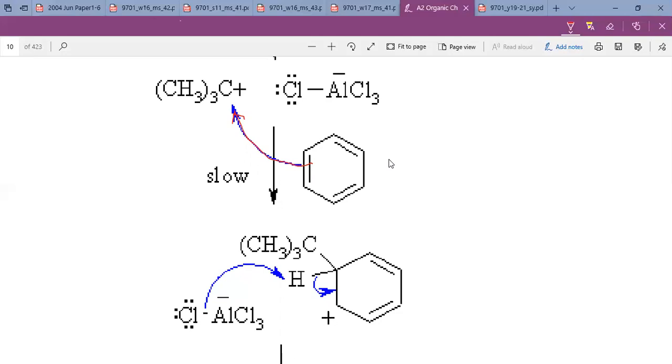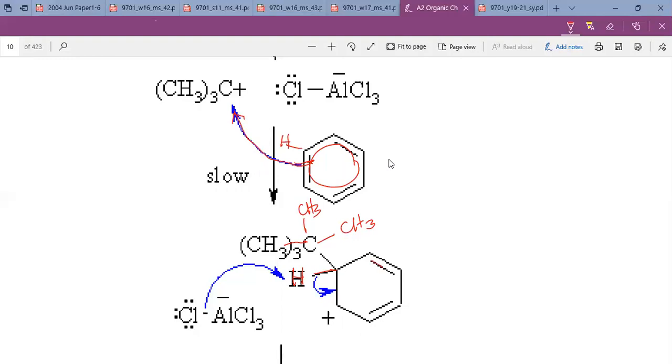Normally in Cambridge, you want to show it from the ring. Attach here. If you cannot see like this one, draw all the CH3. Now the hydrogen here, of course, is the original hydrogen. So this is your intermediate.